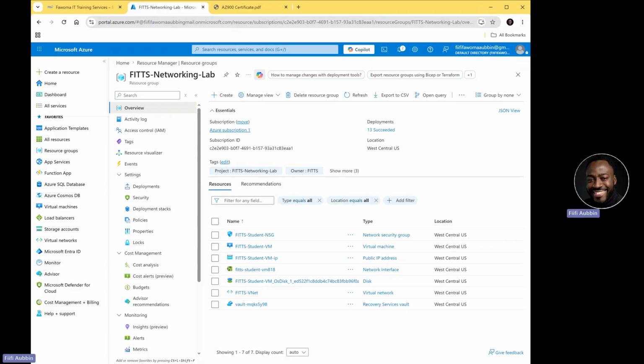So if we are recapping what we've learned today, management groups sit at the top of the Azure hierarchy and help organizations manage multiple subscriptions. Please get that. And subscriptions, as we know, define billing, access, and resource management boundaries.